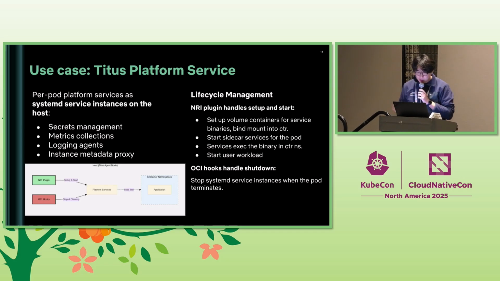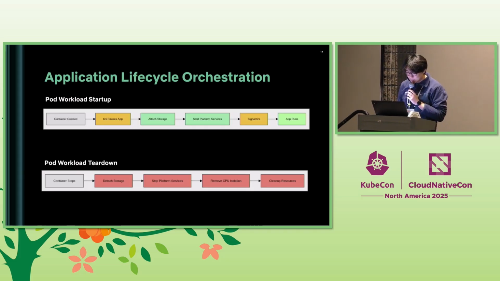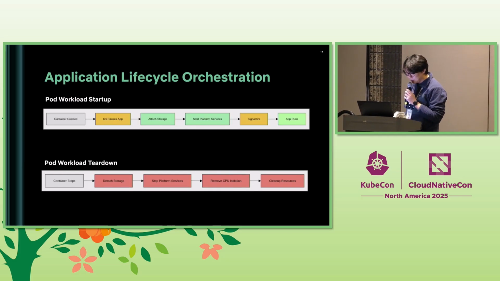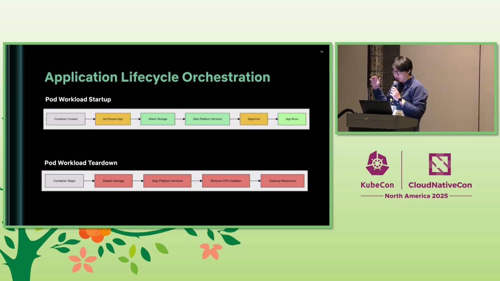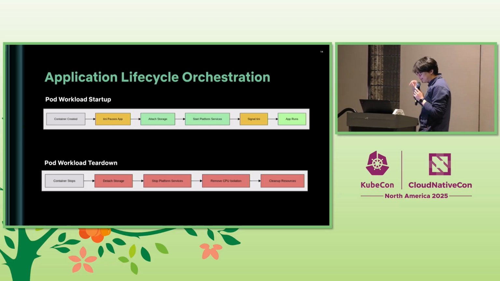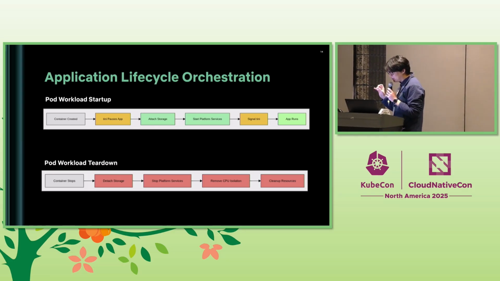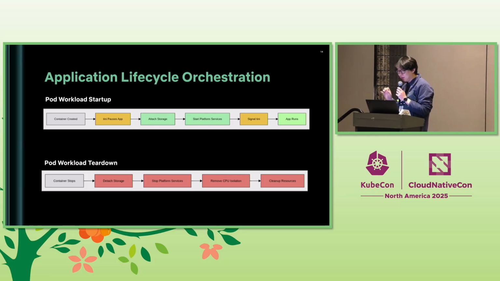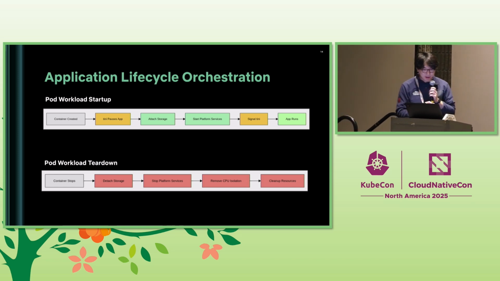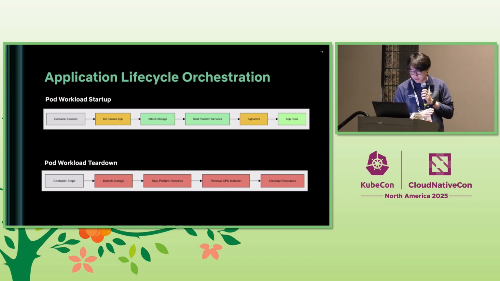Now, let me show you how all these pieces come together. So here are two diagrams showing the application lifecycle orchestration. We orchestrate both at the pod startup and teardown levels through extension points. For startup, we inject Teeny, a minimal init system that we also customize, into the entry point for each container. Containers are created with Teeny as PID 1 and configured to pause the application on startup.